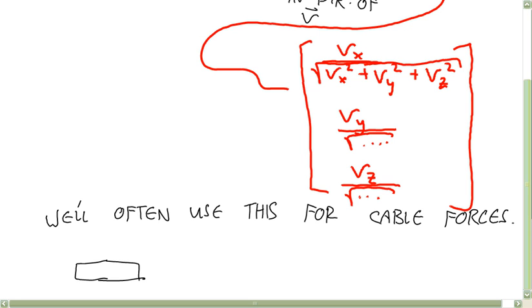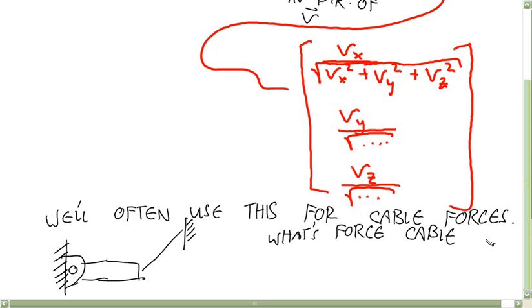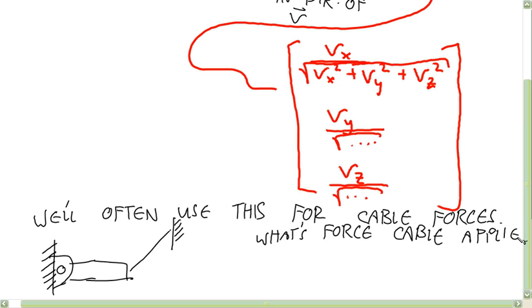Say that you have this object that's connected to the wall by a pin joint, and it's supported by this cable. And you want to know what the force is in this cable. What's the force the cable applies to the object?